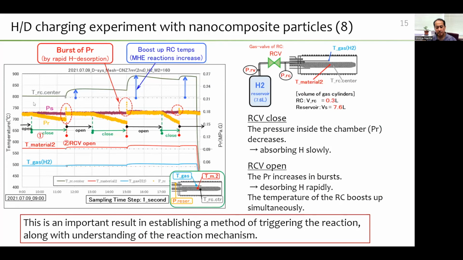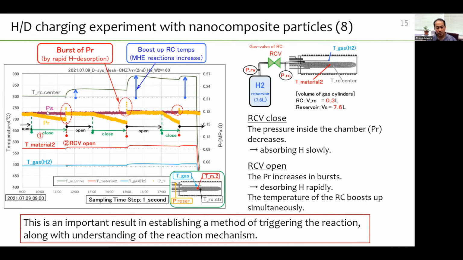Another interesting and important result is here. This is the temperature of each part, the pressure inside the cell, and the pressure of the gas reservoir here. In the experiment, after filling the gas into the reaction cell, the valve LCV here is closed.